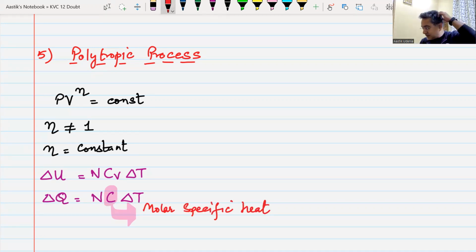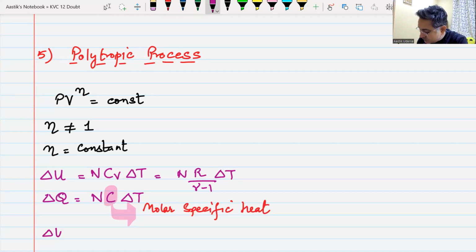We have discussed this and I hope that you remember it. Now, this CV can be written as R upon gamma minus 1. So I can write this as R upon gamma minus 1 into delta T.